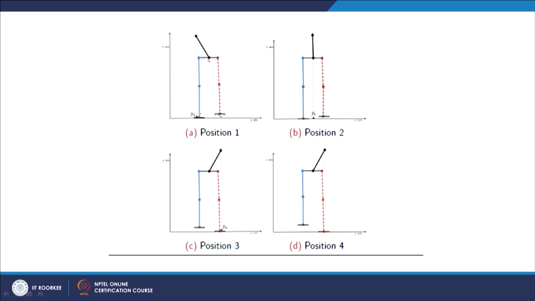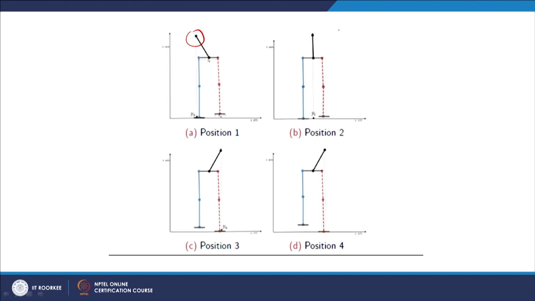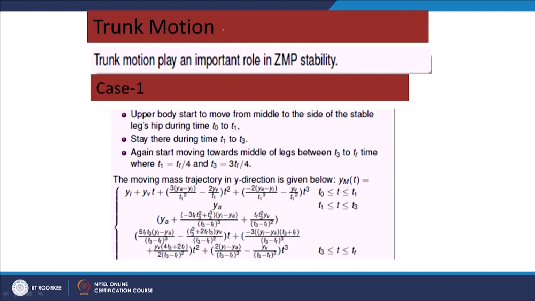While the ankle is tracing a given trajectory, the upper body should move in the left and right direction in a suitable manner, so that the center of mass of the entire body as well as the zero moment point should lie in the stable region. We will see how this upper body should move in the proper manner, so that the entire body walks in a stable manner without falling down.